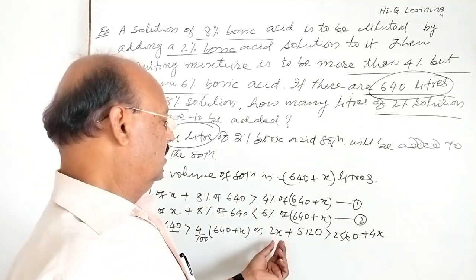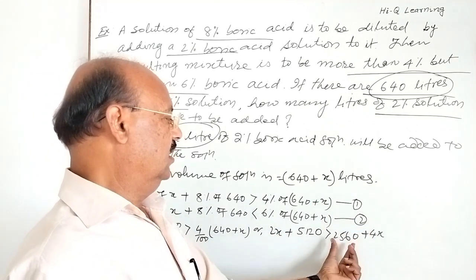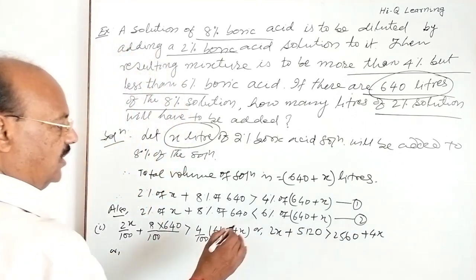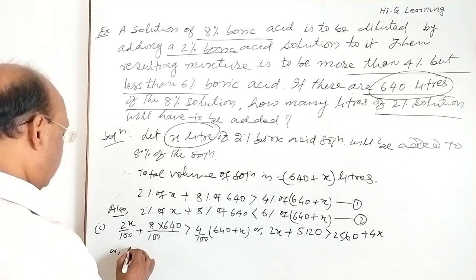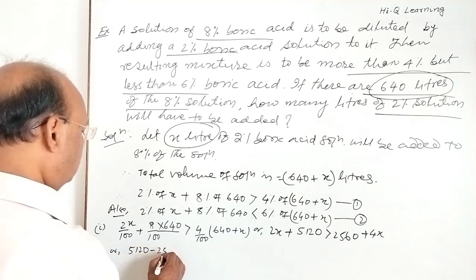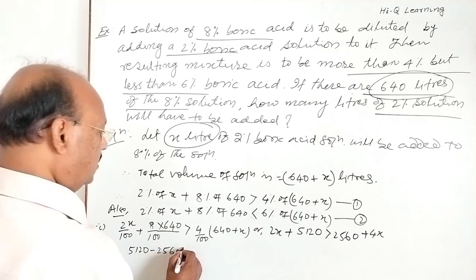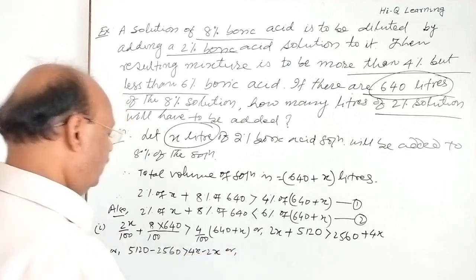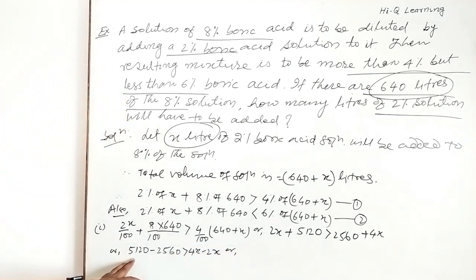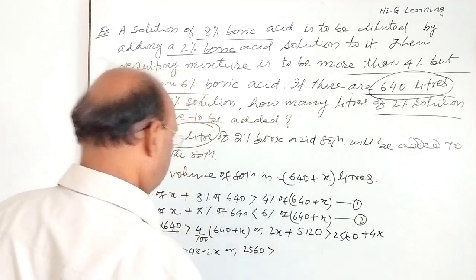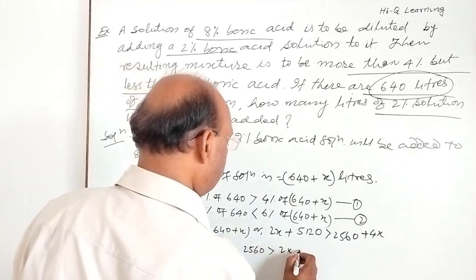Let us transpose this 2X to the right side and this number to the left side, so we are getting 5120 minus 2560 greater than 4X minus 2X. And 5120 minus 2560 is 2560, greater than 2X.